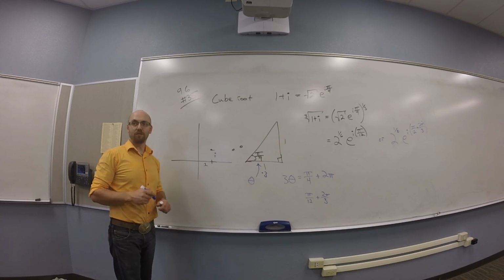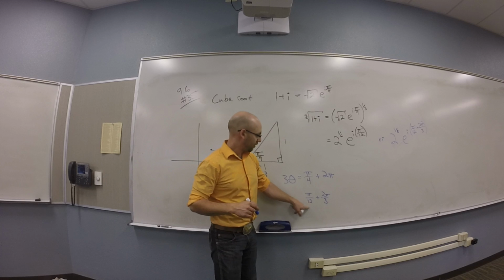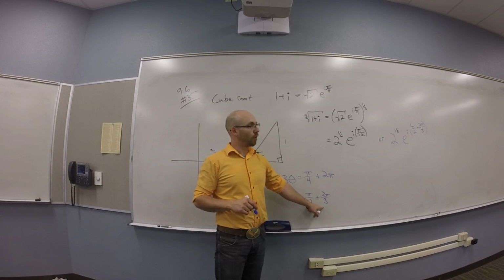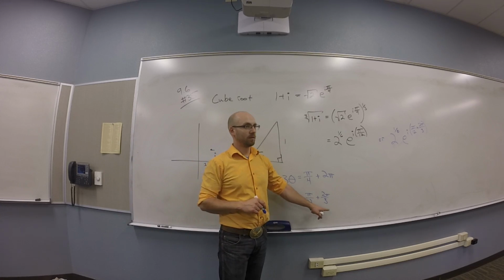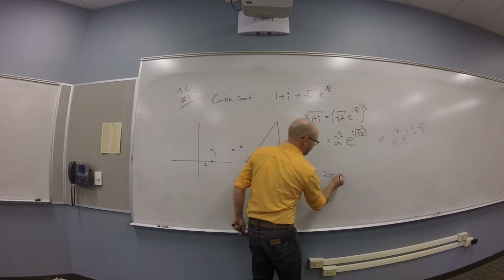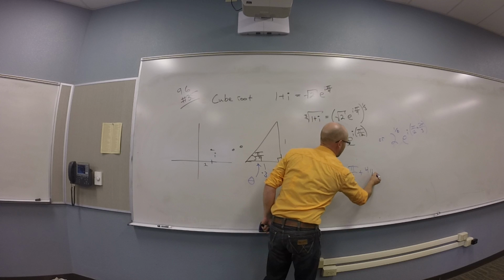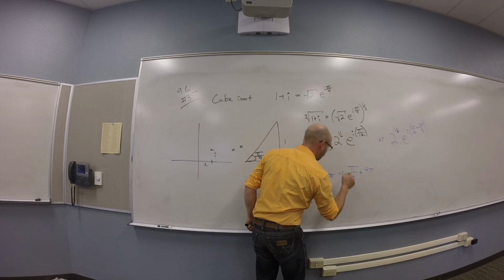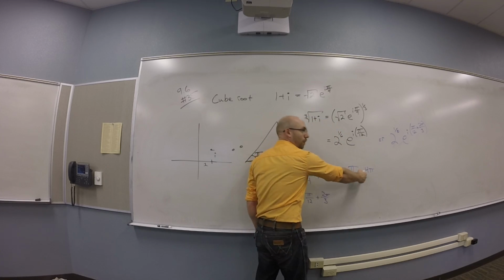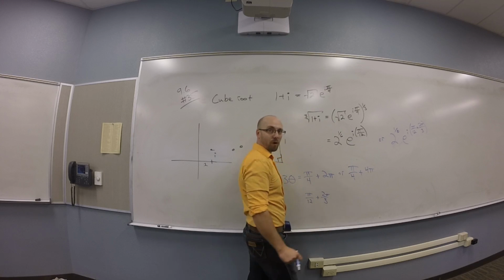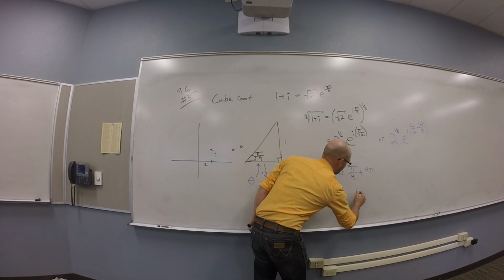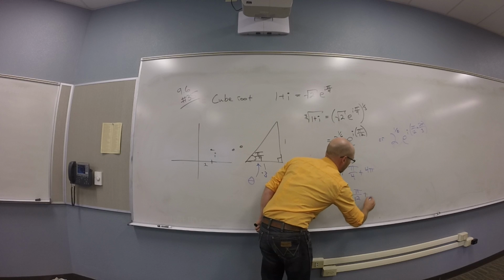Your pi over 12 plus 4 pi over 3. Sorry, it's 4 pi up here when I'm talking about pi over 4, and it's 4 pi over 3 after I divide it.